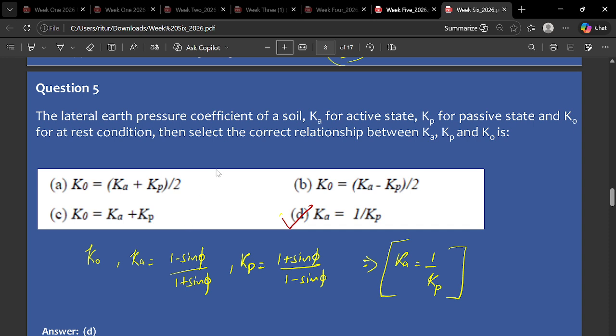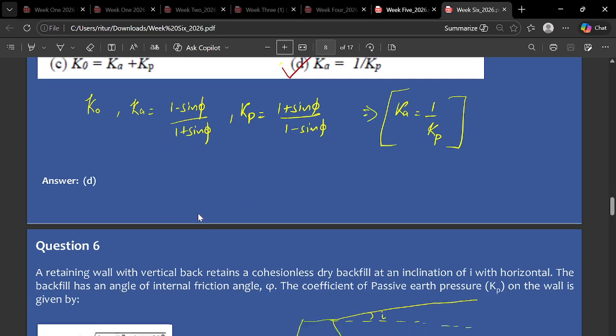Then if you want to calculate the lateral earth pressure, how can you take into account the different earth pressure coefficients? If you want to evaluate the lateral active earth pressure, the lateral passive earth pressure, or the lateral pressure at rest, how will you calculate that?